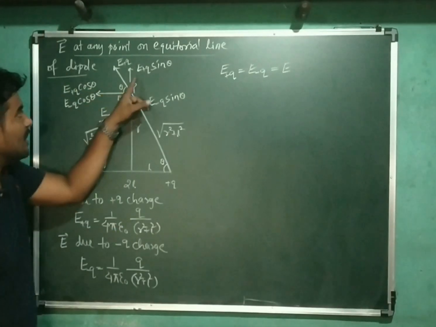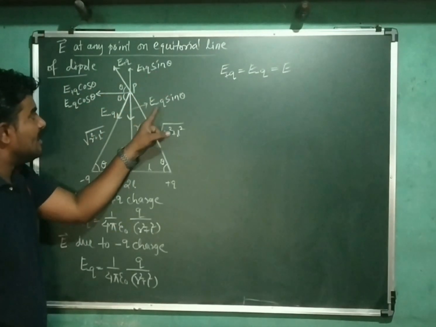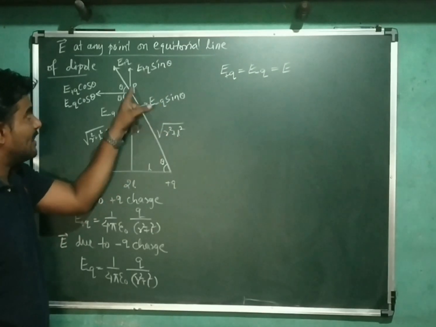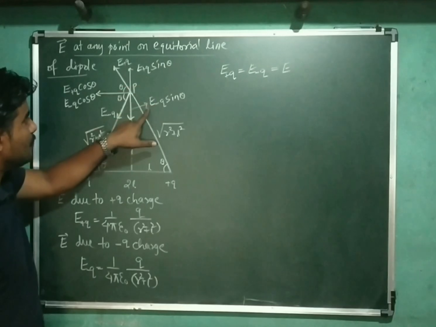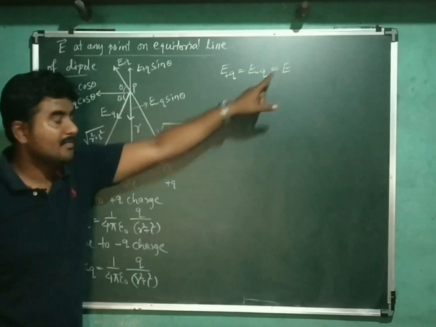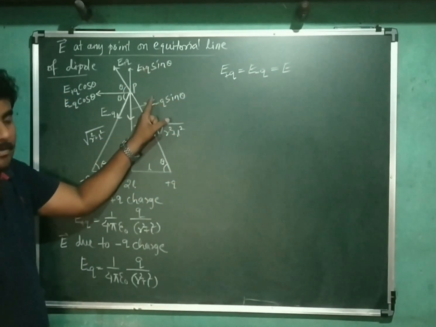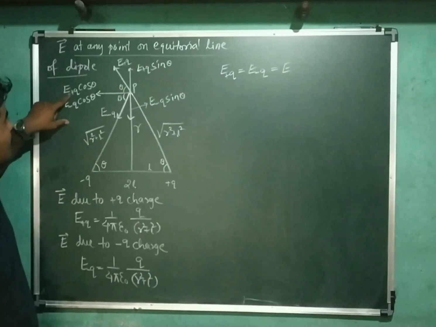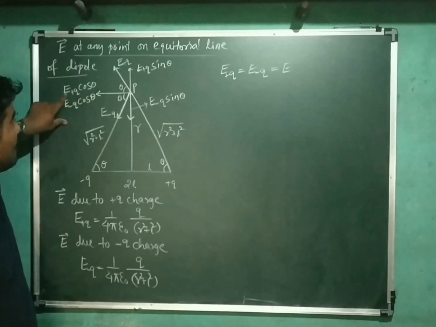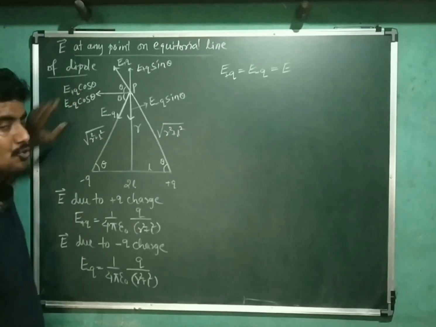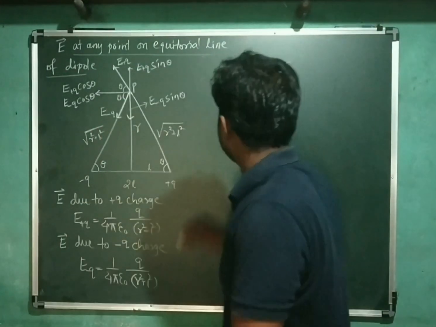As you can observe here, E sin theta and E sin theta are acting in the same line and in opposite direction. Since E due to plus Q and E due to minus Q are the same, these two cancel each other. But here E plus Q cos theta and E minus Q cos theta are acting in the same direction, magnitude also the same, therefore these two add up.